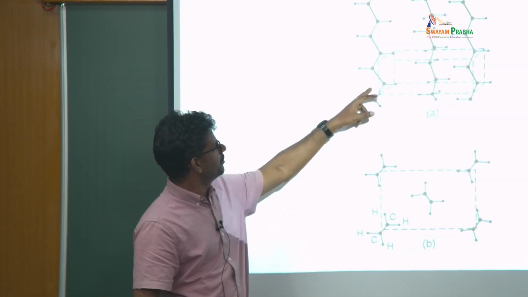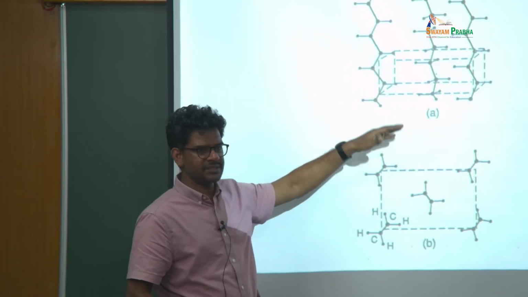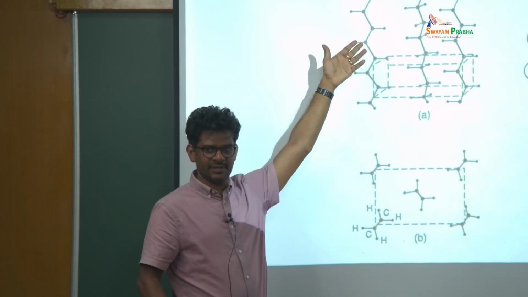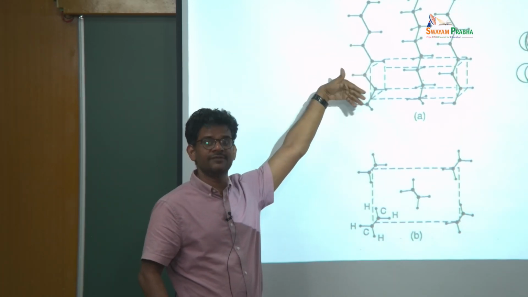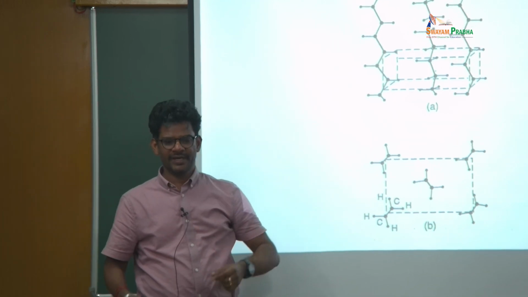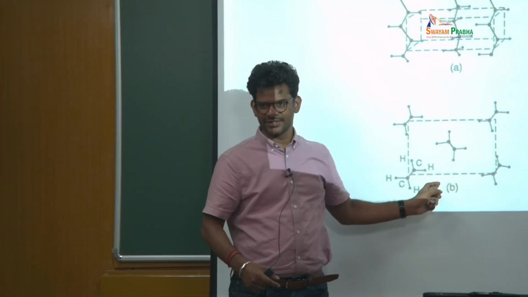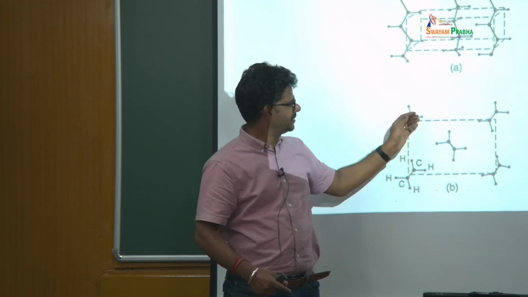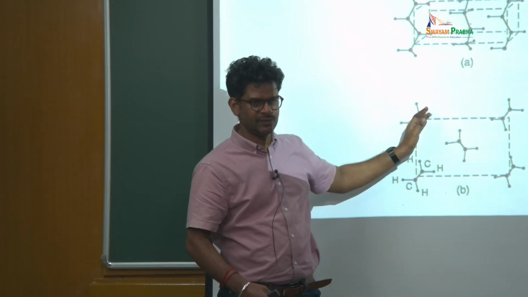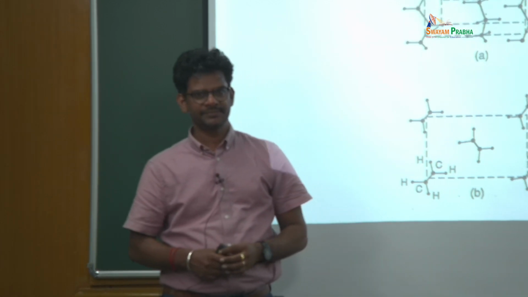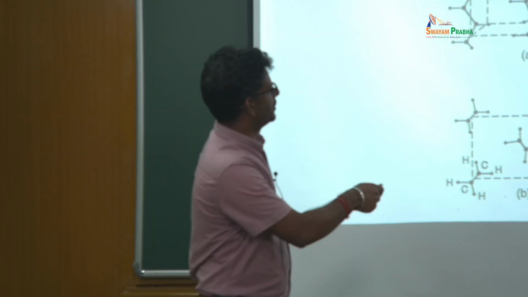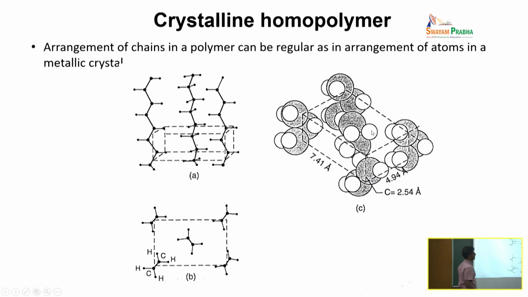Now this polymer actually goes beyond this. That means this will form part of the unit cell subsequently also, okay. Whereas in atomic crystals, you will see that individual atoms sit in these lattice positions, but in a polymer, since it is a chain-like molecule, this will go further into other unit cells also. So here it is shown in a cartoon form. This is a CH2 group here, there is another CH2 group here, and so on.